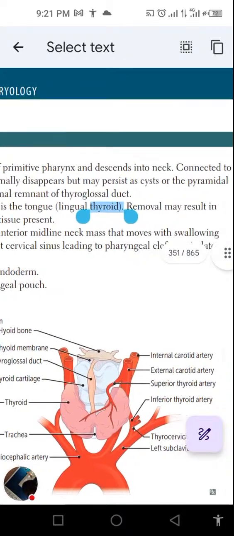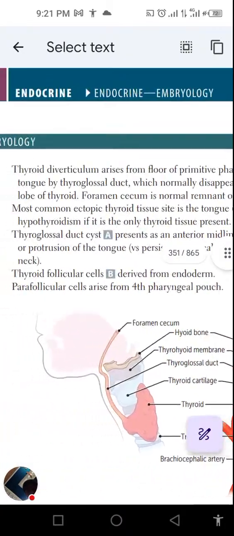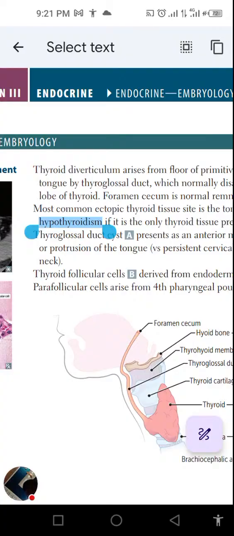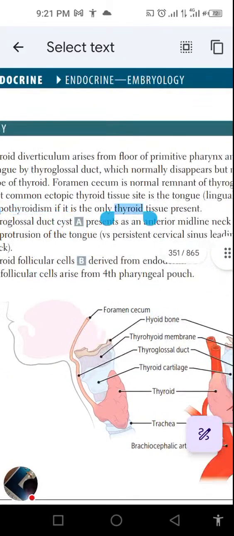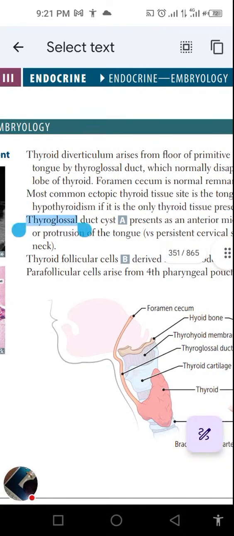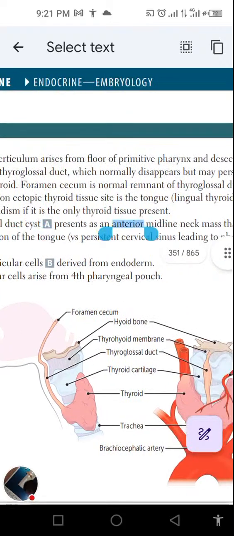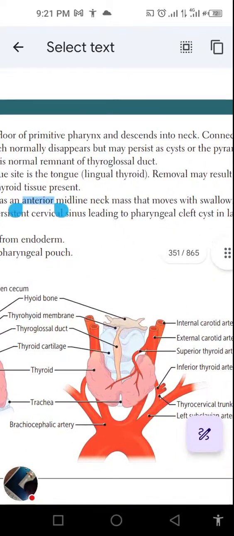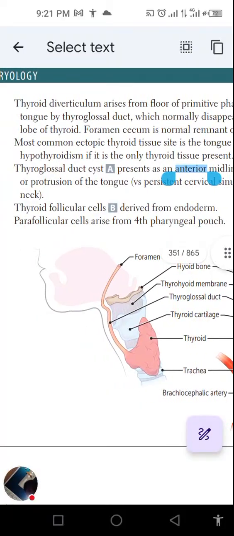It's a remnant, and removal may result in hypothyroidism if it is the only thyroid tissue present. If there is only a single thyroid tissue, and it is removed, it can cause hypothyroidism. The thyroglossal duct cyst is present anterior to the midline of the neck, and it moves on swallowing and protrusion of the tongue.